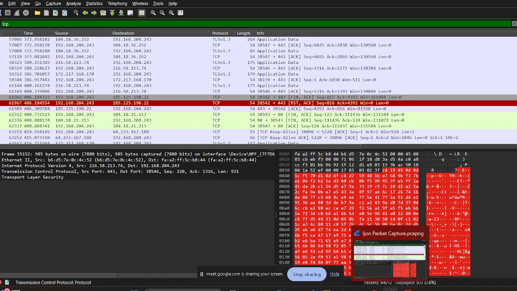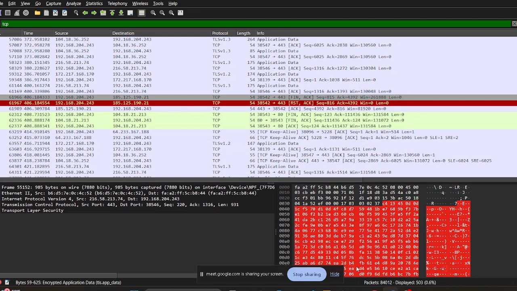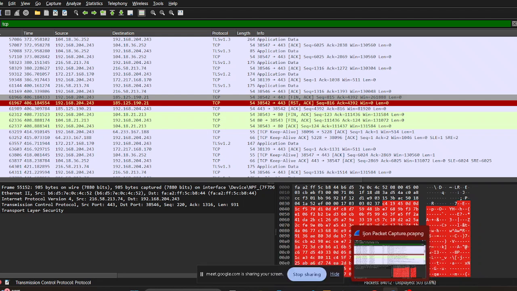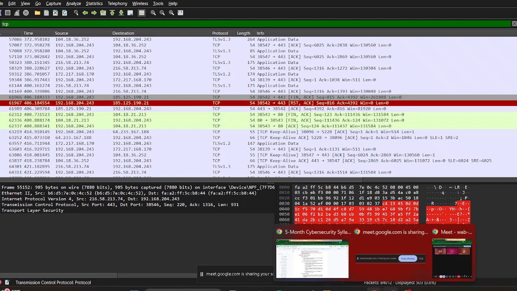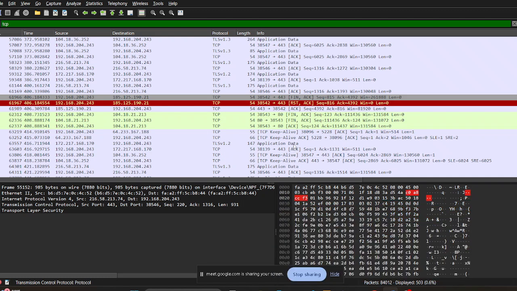Can you please increase the size of what you're displaying? It's so tiny. I'm straining my eyes. This is my full screen, I'm displaying my full screen. It's showing so small. Are you viewing it on your phone? If you are viewing on your phone, it will be small. Are you seeing my Wireshark screen?